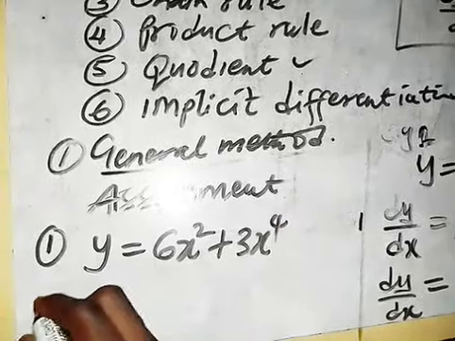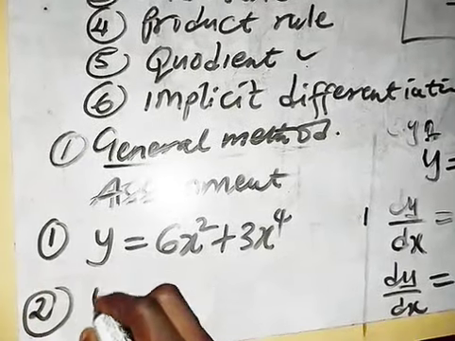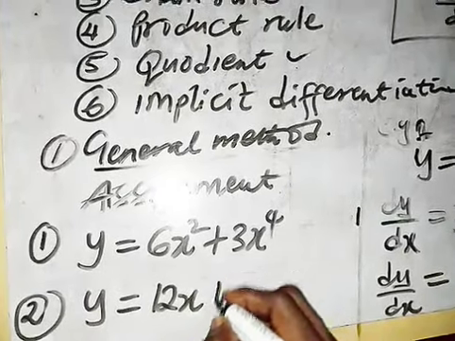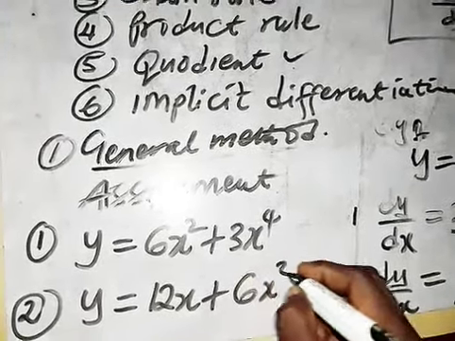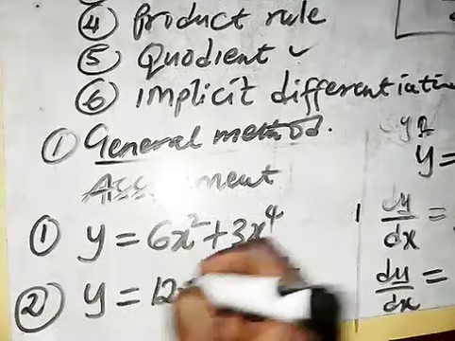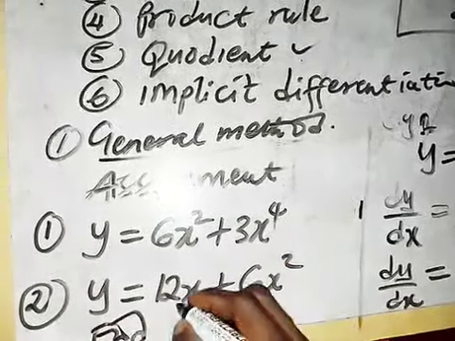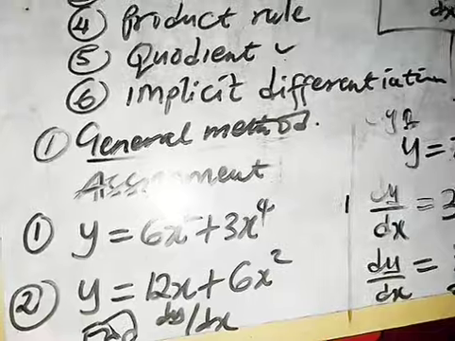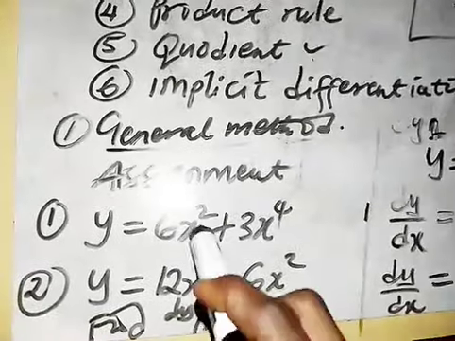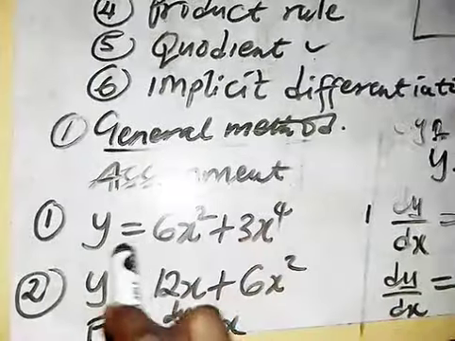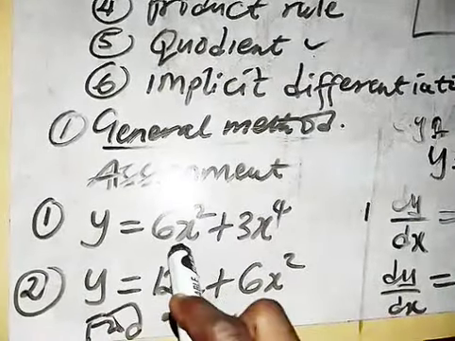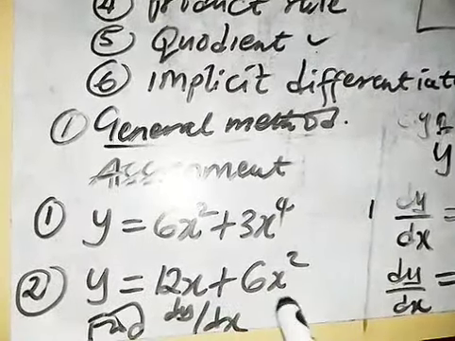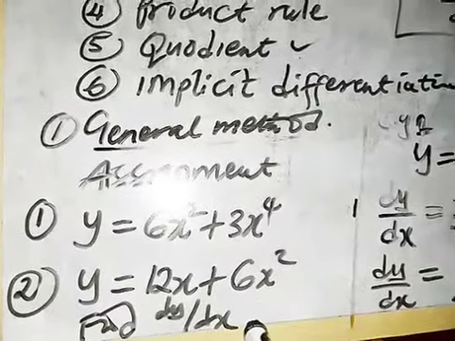Okay, and we have number 2, y is equal to 12x plus 6x squared. Now in this assignment, you are asked to find dy/dx. So you have to find dy/dx in this assignment. Okay, so we have y is equal to 6x squared plus 3x power 4, and number 2, y is equal to 12x plus 6x squared. Find dy/dx.